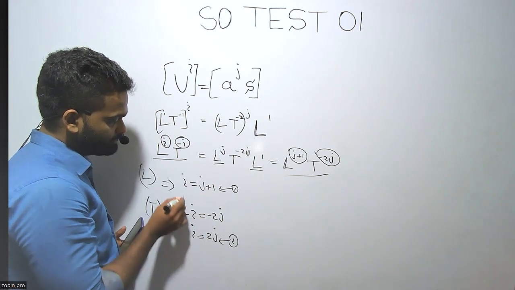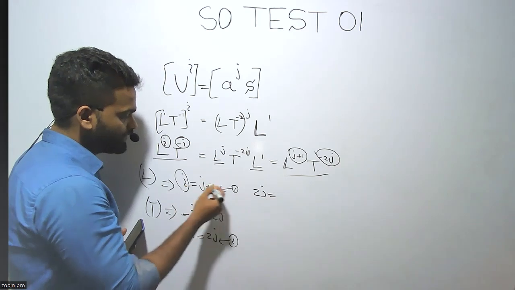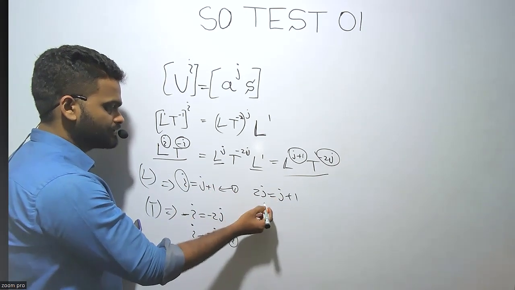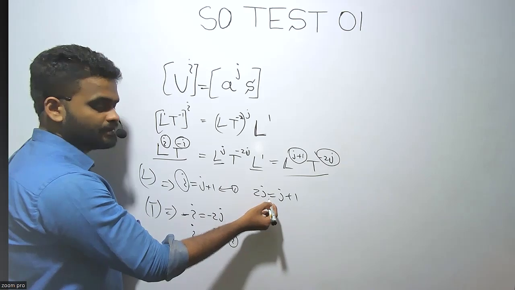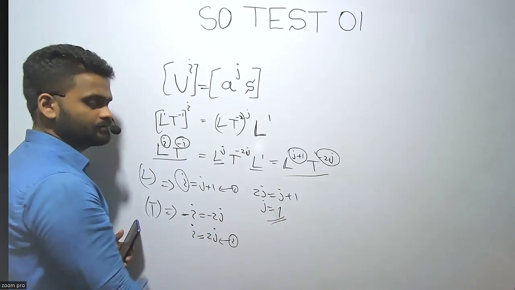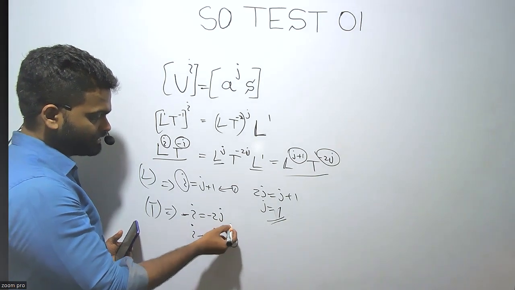So i is equal to 2j. Instead of this i I can put 2j there. 2j equals j plus 1. Take j to the other side. This becomes 2j minus j, so j equals 1. Okay, now we have the value for j. Then just substitute it here.